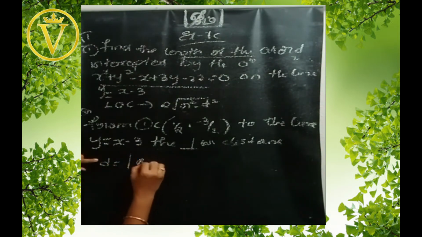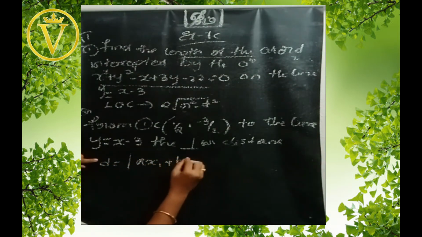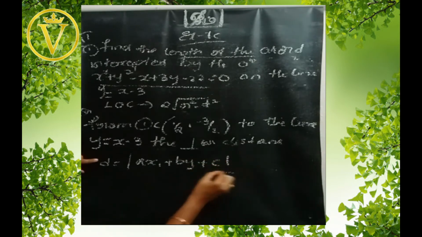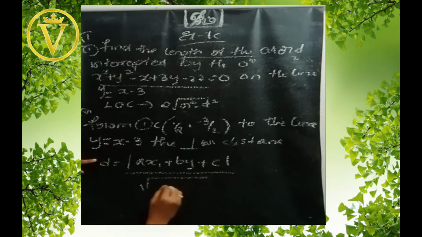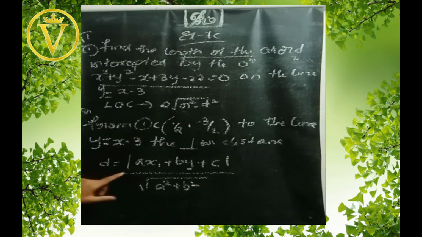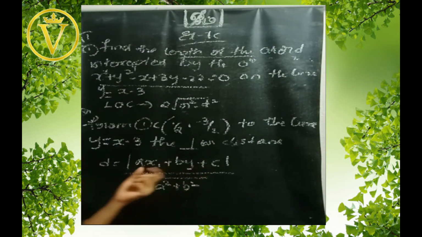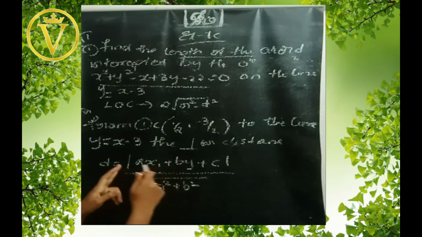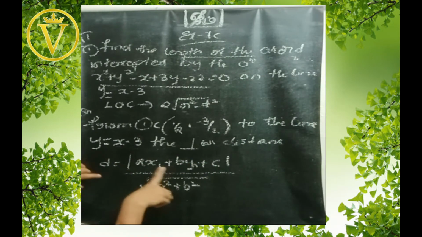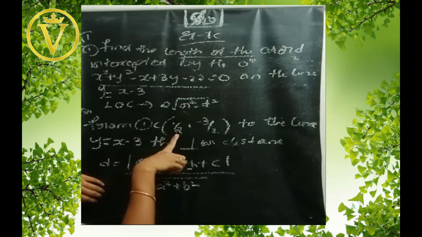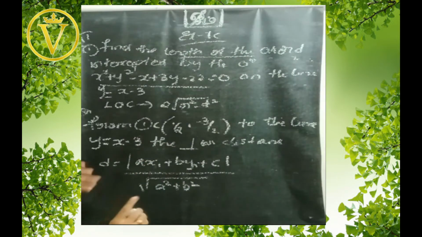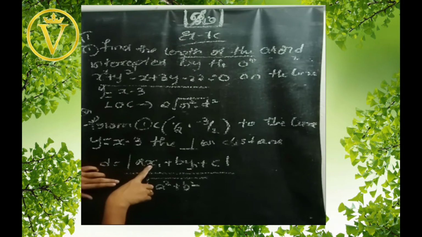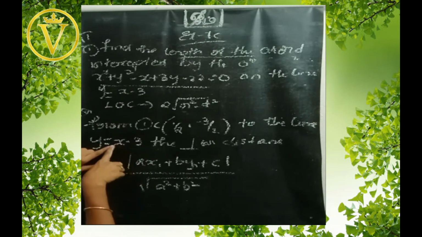Actual: ax1 plus by1 plus c by root of a square plus b square. Now we have to see here a, b, c and x1, y1 values. Here x1, y1 is nothing but 1 by 2 and minus 3 by 2. We have to see the x coefficient. Here the x coefficient is 1.